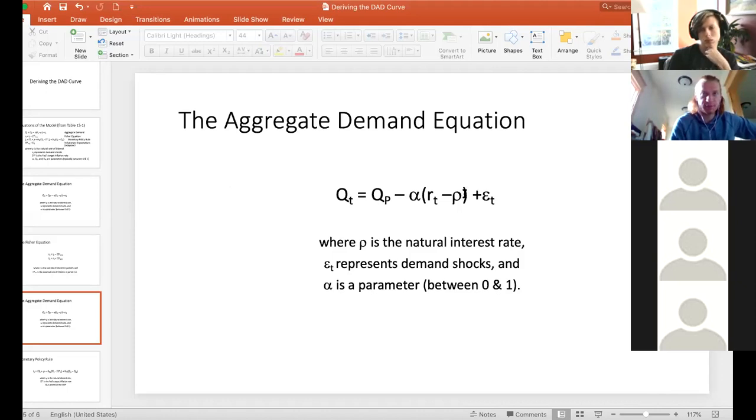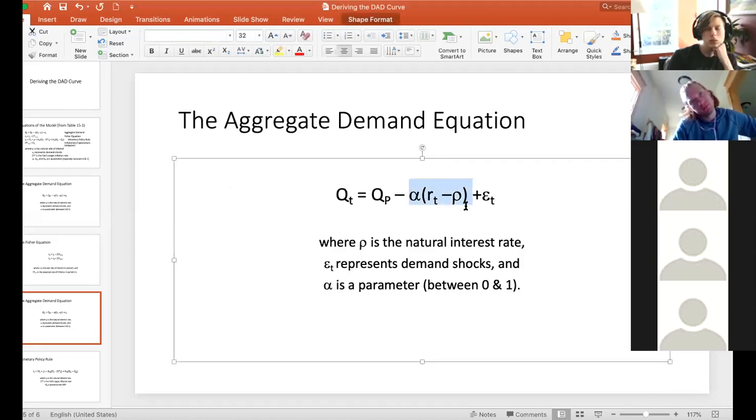Since this here is the effects of monetary policy, which is a demand shock, epsilon is any other kind of demand shock, anything that shifts aggregate demand besides monetary policy. So, for example, a positive demand shock adds to potential output, actual GDP goes up.